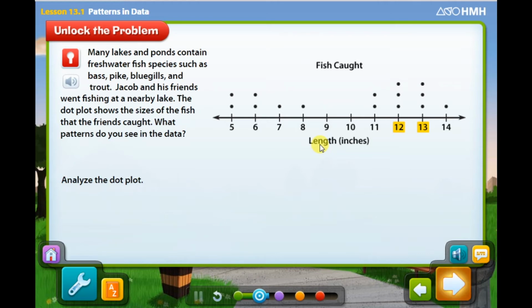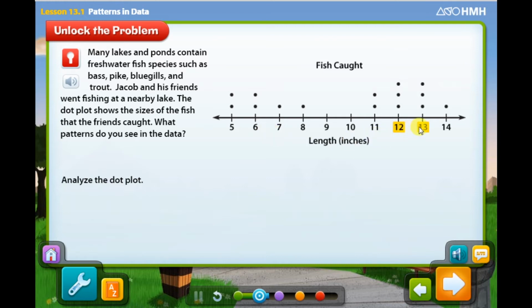So again, to recap, what are the patterns that we learned about in this example? We learned about gaps, and gaps are the intervals that contain no data, which is here 9 and 10. We learned about clusters. Clusters are groups of numbers or groups of intervals that contain data. We have two clusters.